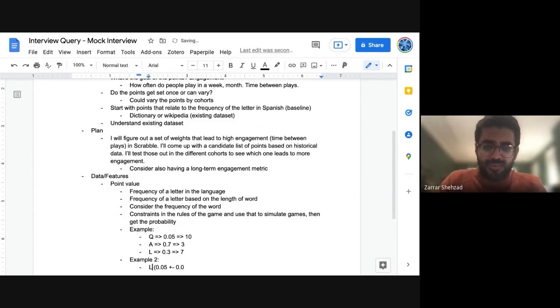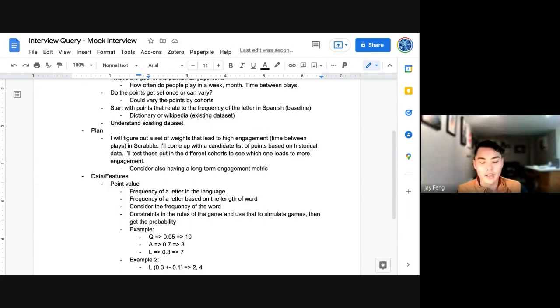Let me do L, because I think I can have more range there. So say L is plus or minus 0.1. That means sometimes I could get 2, sometimes I might get 4. I don't know if we necessarily want to overthink this. So we'll just take the number of cohorts we could do, and then generate some of these random samplings.